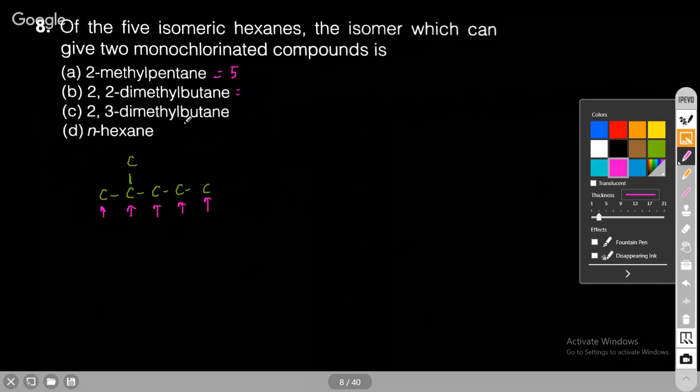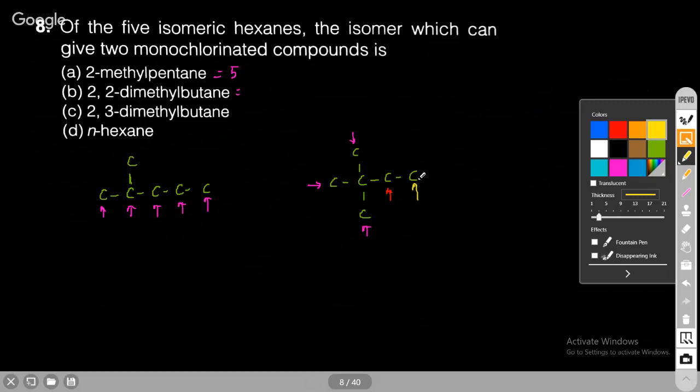What about the second one? 2,2-dimethyl butane. Butane is this 1, 2, 3, 4. Here and here we have methyl. So you see here again, these three positions are equivalent, right? 1, 2, and 3, equivalent positions. So we get different products when one chlorine attaches over here, and then one chlorine attaches over here, and then another chlorine attaches over here.